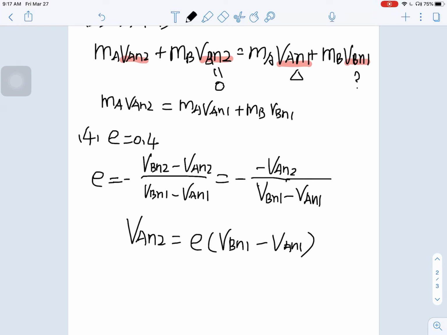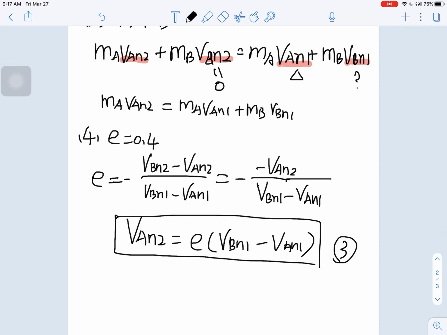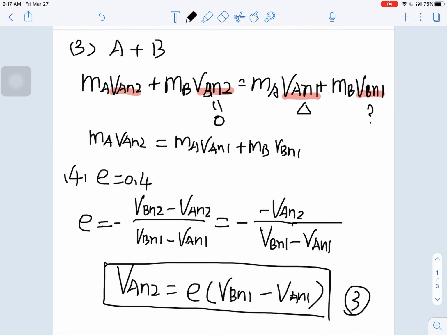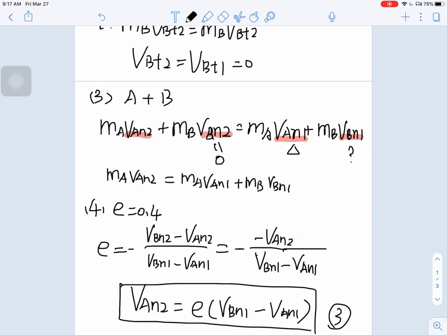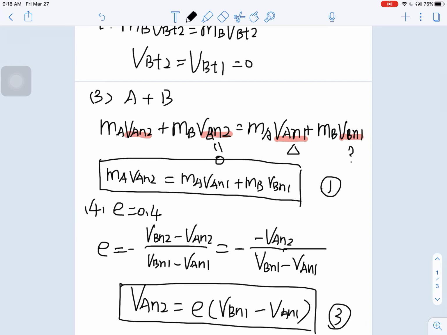Always keep in mind that VBn1 is something we're trying to solve. We can call this equation number 3, and we can call the equation from step 3 equation 1.